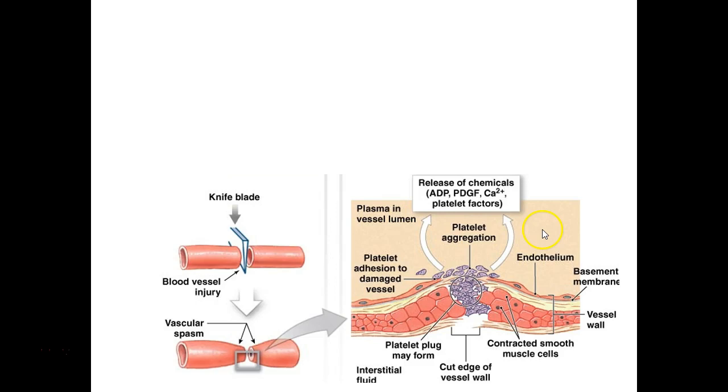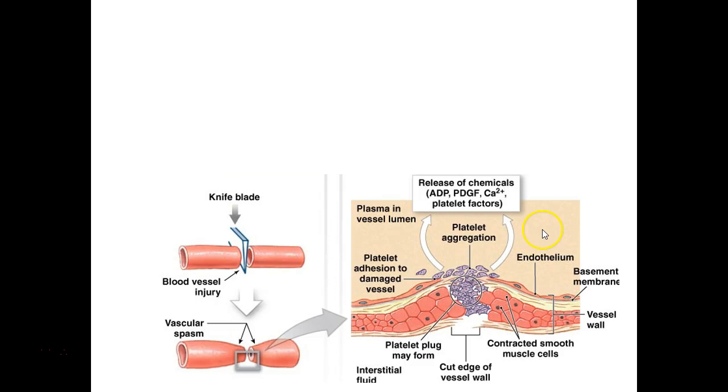And what this does is it exposes some of the underlying tissue that normally isn't exposed to the blood fluid compartment. Okay? What's going to happen is these platelets, they kind of roll along the internal wall of blood vessels.